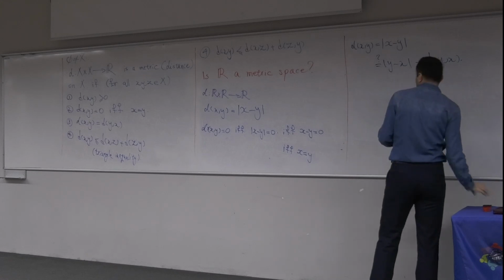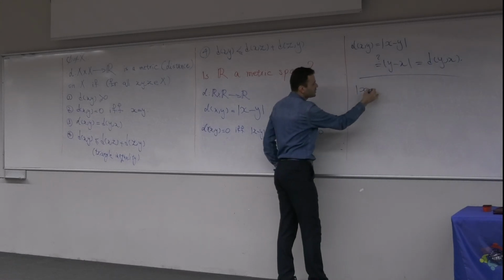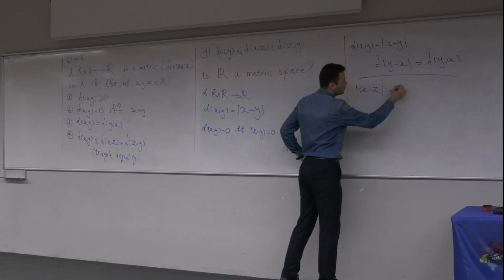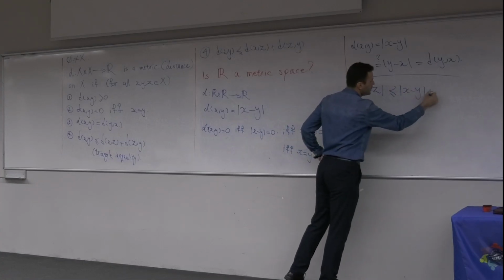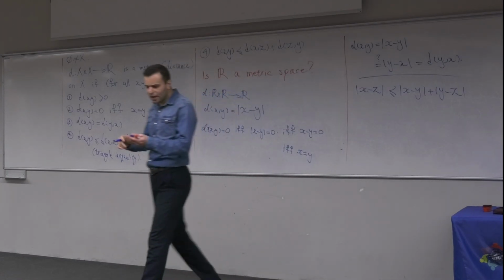What about the triangle inequality? Can we say absolute value of x minus z is less than or equal to absolute value of x minus y plus absolute value of y minus z? How can you show that?